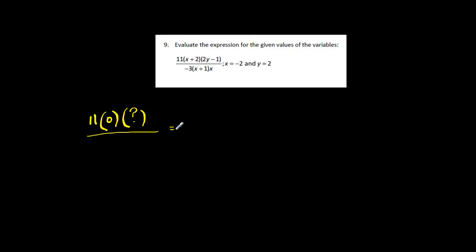The entire numerator is going to be 0, because 0 times anything is 0. I will check down here to see if there's no 0 down here, because then that would be a problem. The answer is no. There's not going to be a 0 down here.